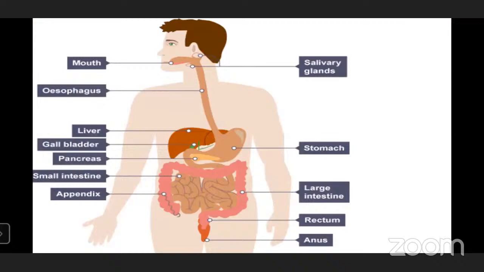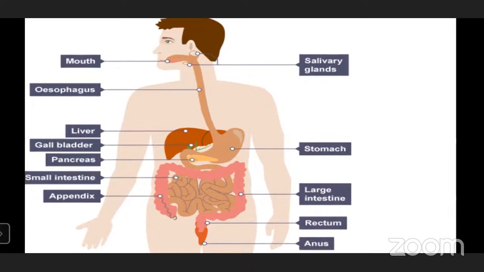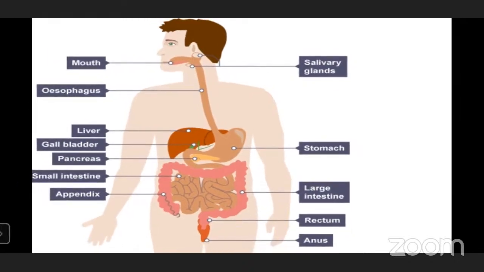Okay, dear friends, this is the total digestive system with parts labeled. We are discussing nutrition in heterotrophic living organisms, specifically nutrition in human beings. So this is the mouth. Already we learned that in the mouth 3 pairs of salivary glands are there.